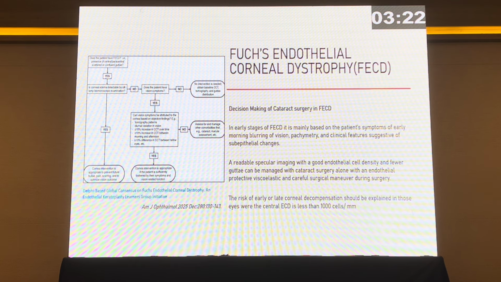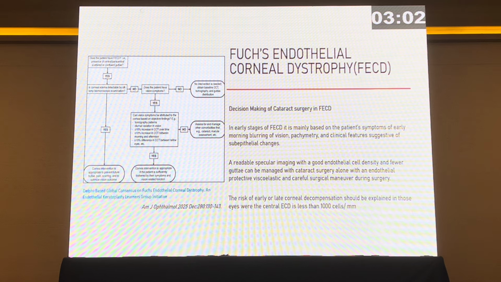And Fuchs and cataract, that is a usual problem. The decision making of cataract surgery in early stages of FECD is mainly based on the patient's clinical symptoms like early morning blurring, pachymetry, and features of subepithelial changes. This was identified based on an American Journal paper, which just got published in 2025.